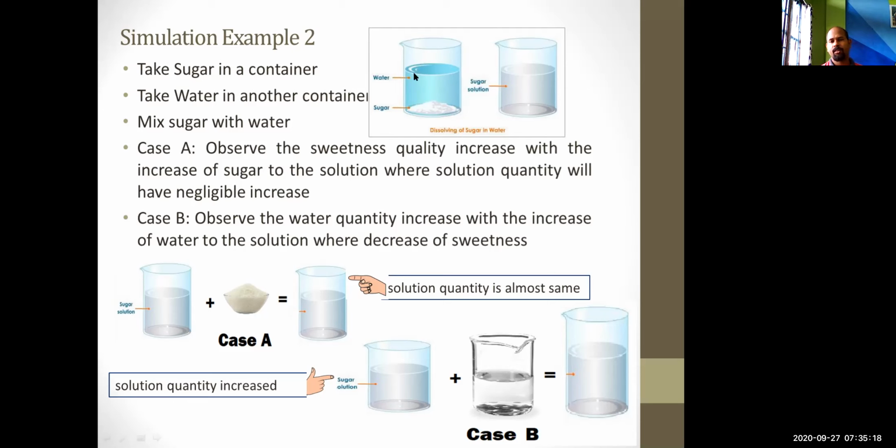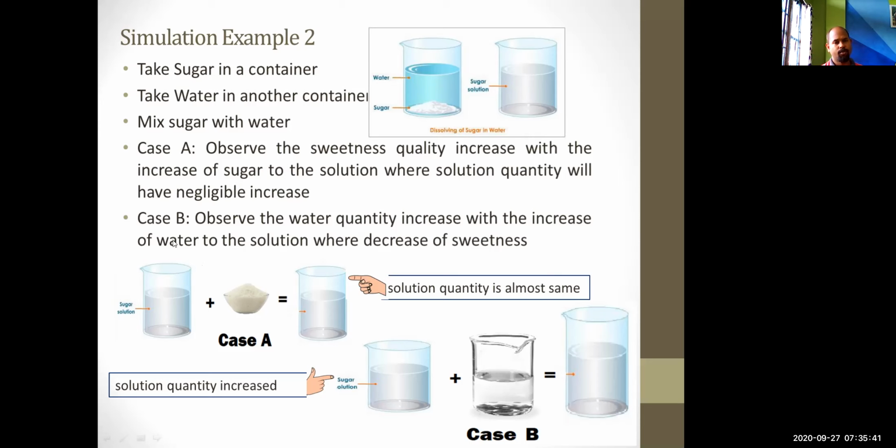Suppose you have mixed water and sugar and you have got this sugar solution. Now, if we are adding more sugar into the solution, there will be negligible change in the quantity of the solution. But yes, sweetness will be increased. So that is case number one.